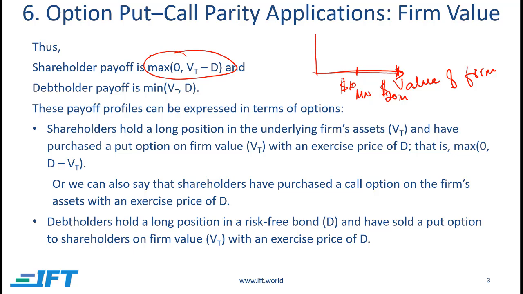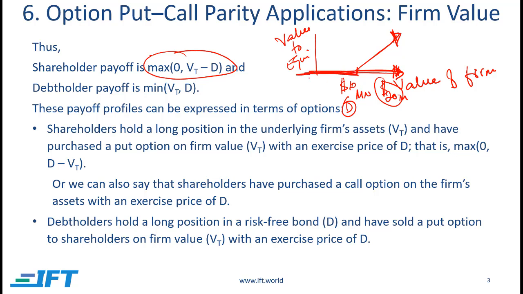So if the value of the firm goes from 10 to 20 and the value of your debt is 10 million, anything beyond this will be value to equity holders or shareholders, because anything above the value of debt will be coming to the shareholders, or it will be zero.